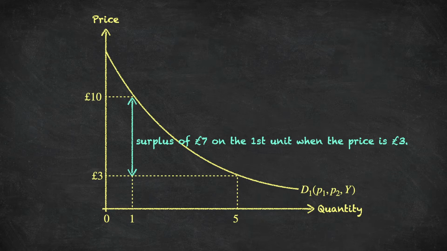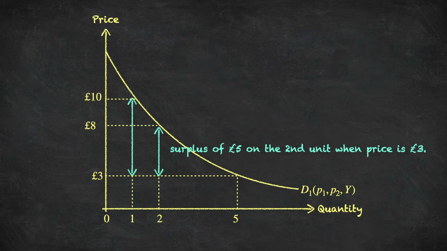Surplus is very similar to the idea of profit, and indeed the word producer surplus is sometimes used instead of profit when discussing the theory of the firm in economics. For consumers, we use the word surplus rather than profit. Essentially, they paid less than they would really have been willing to. The consumer would have been happy to pay £10 for 1 unit. He's buying 5, and on that first unit, he makes a surplus of £7.